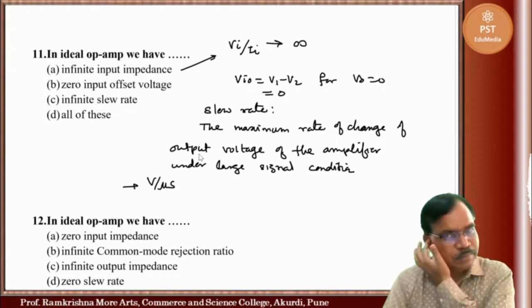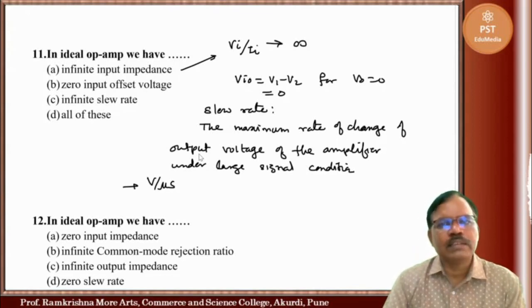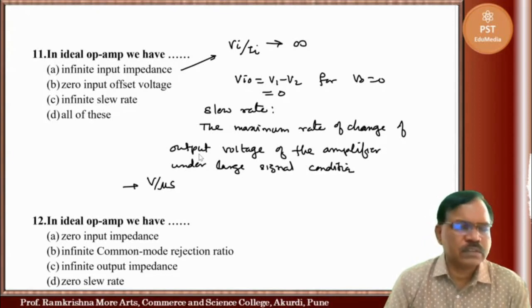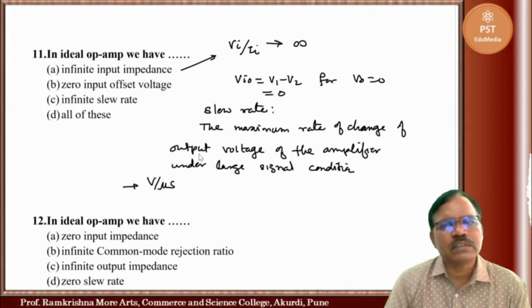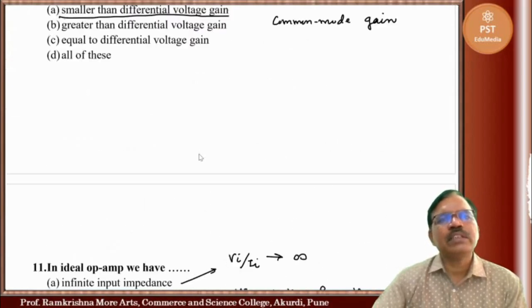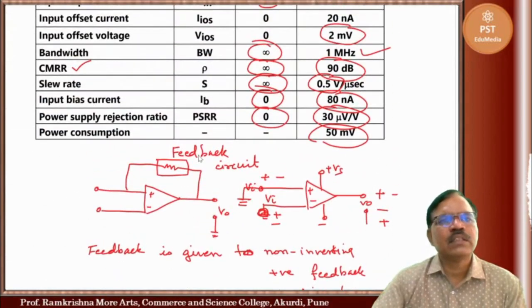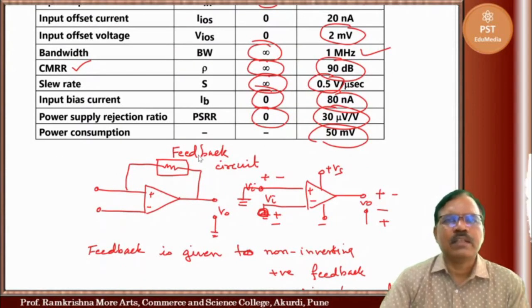So the maximum rate of change of output voltage of the amplifier under large signal condition. And we have seen here this slew rate must be infinite.